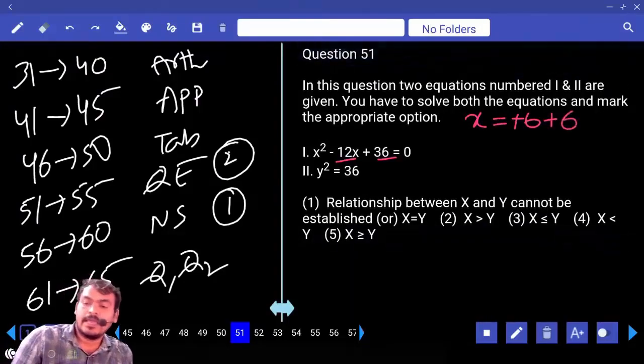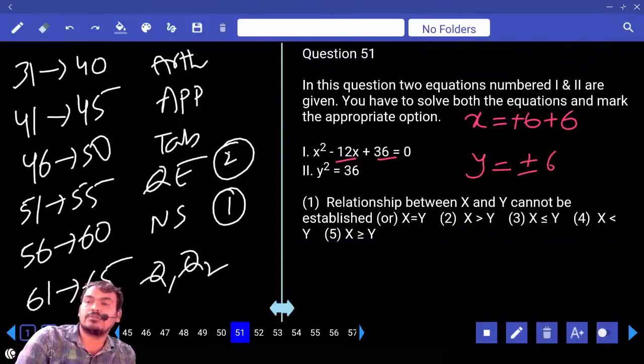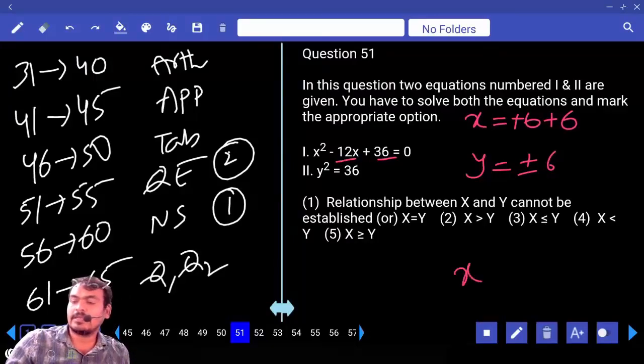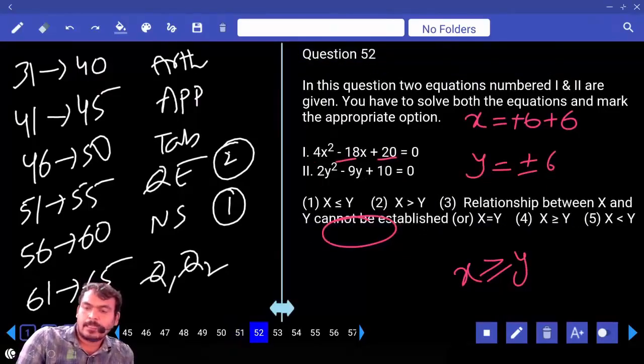Next, for y, y square equals 36, so y values are plus or minus 6. Plus 6 compared to 6 is equal, plus 6 compared to minus 6 is greater. Then the relation is x greater than or equal to y. Which option? The fifth one.